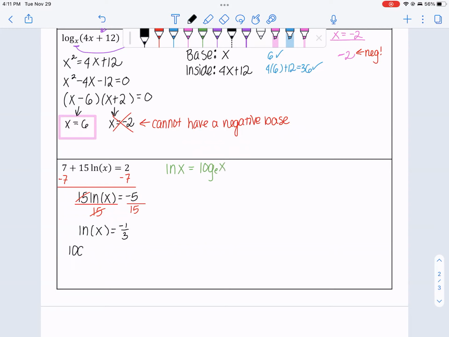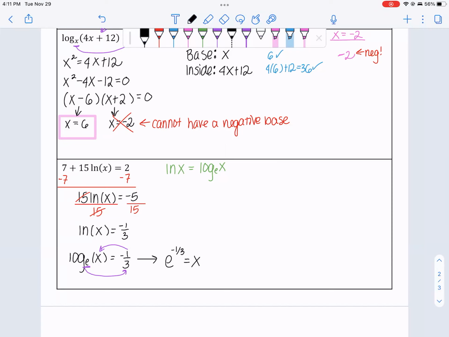So I have log base e of x is equal to negative 1/3. Now we can loop-de-loop. So we start at the base, cross the equal, back again. We have e raised to the negative 1/3 is equal to x.